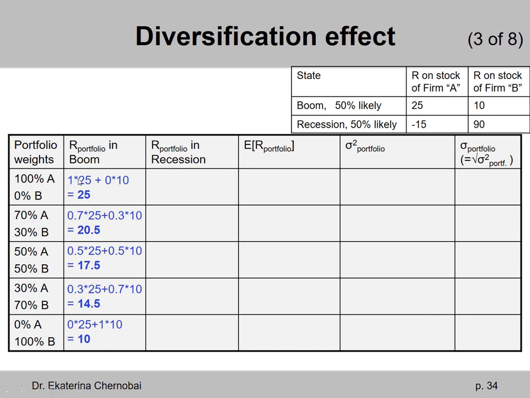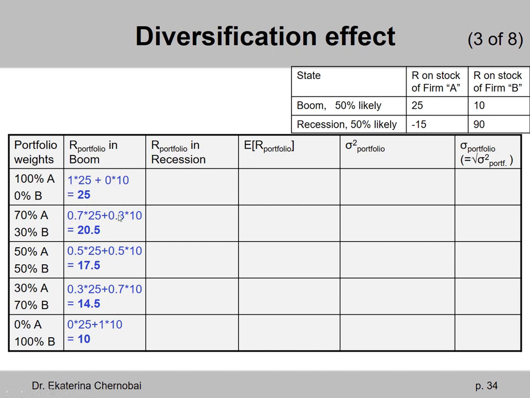So notice that what stays the same is the information for the boom, right? 25 for stock A, 10 for stock B. So we see 25 and 10 in every cell in the first column. But what changes is the weights. We started with 1 and 0.